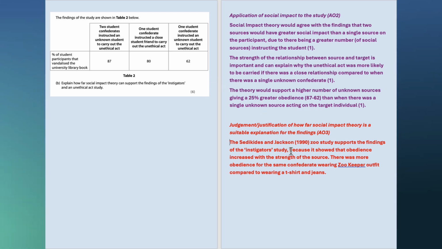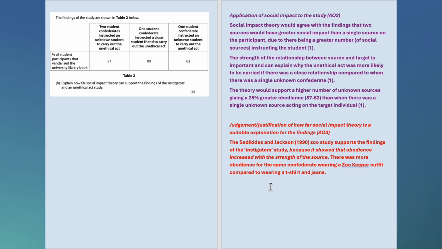Now, I want to emphasize that bit, but that element allows you to go, this is what this study does, it supports it because, and it then goes on and develops that a bit more by saying there was more obedience for the same confederate wearing a zookeeper outfit compared to wearing a t-shirt and jeans. So it effectively gives us a full justification.